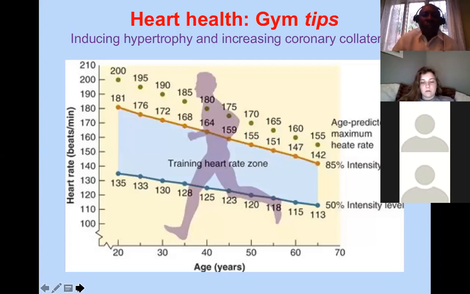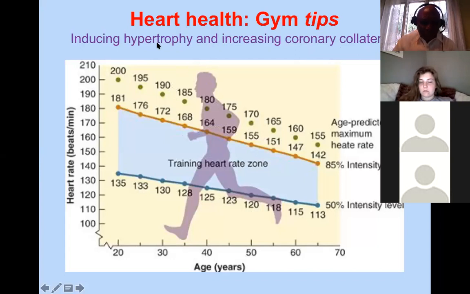This is an important graph, and what this does is, if you follow this exercise, it will induce cardiac hypertrophy and will increase coronary collaterals. I'll explain what the importance of that is.